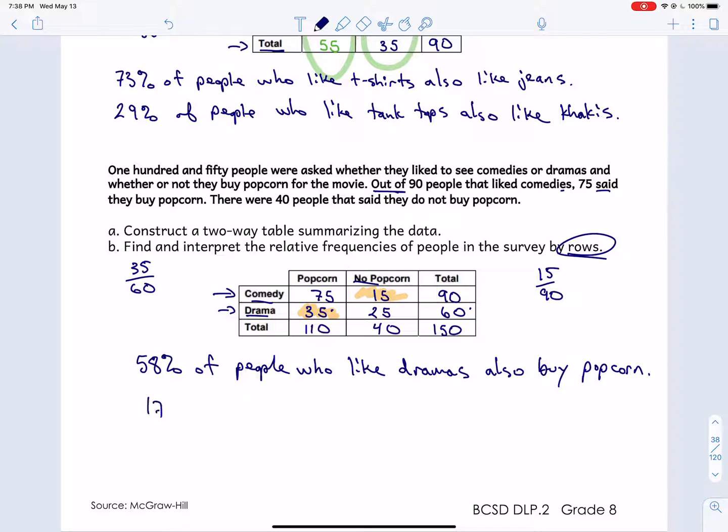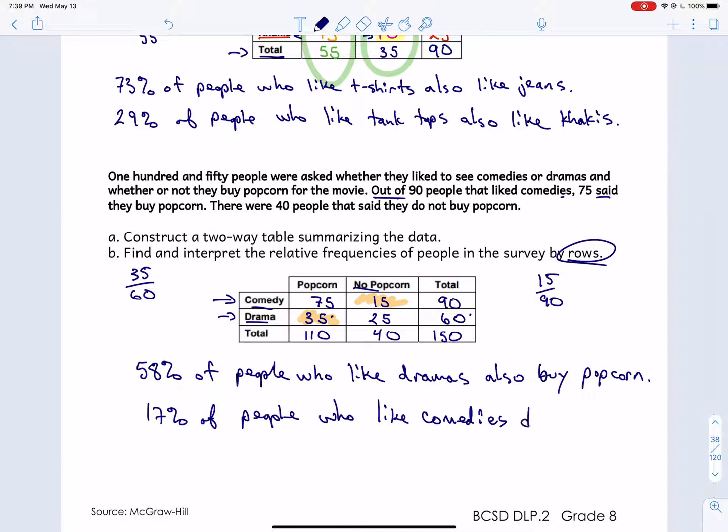So 17% of people who like comedies, or actually, let's just say, out of people who like comedies, 17% do not buy popcorn.